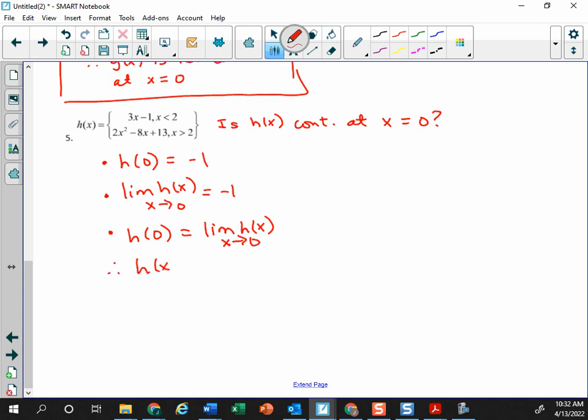Therefore, h of x is continuous at x equals 0. How do we do? Good? Fantastic. All right, questions? Give you a second, make sure everybody's got it jotted down.